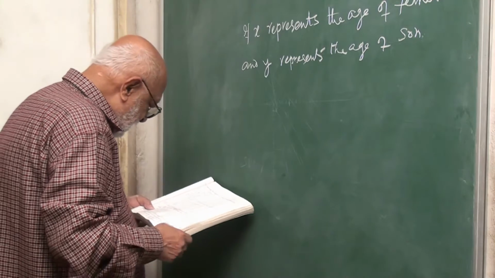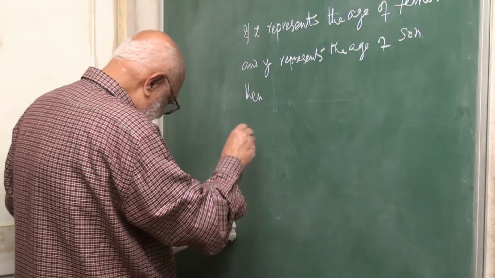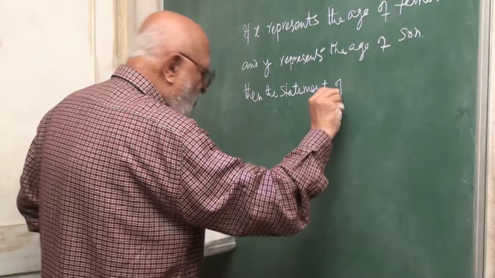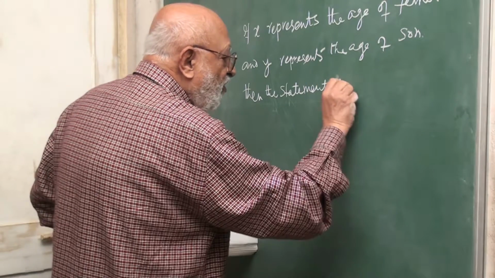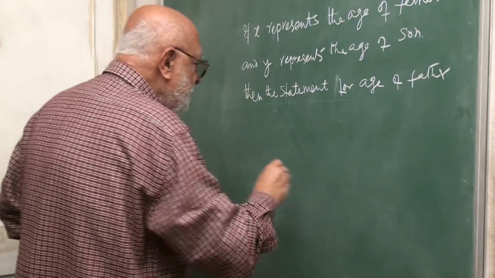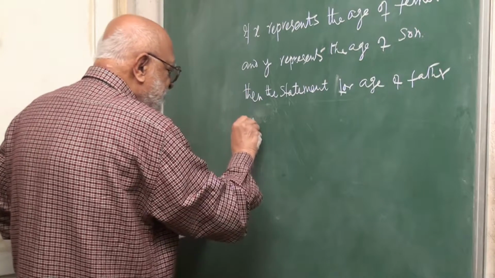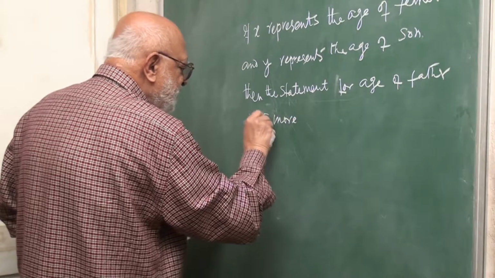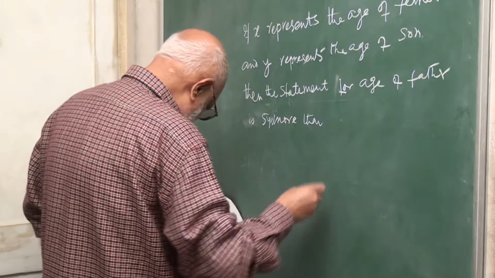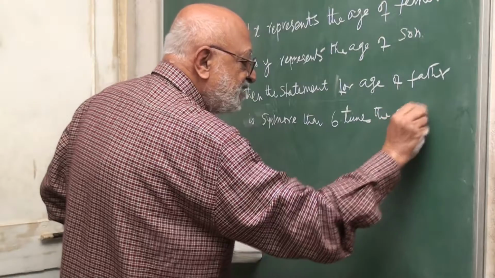Then age of son, then write the statement: the age of father is 5 years more than 6 times the age of son.